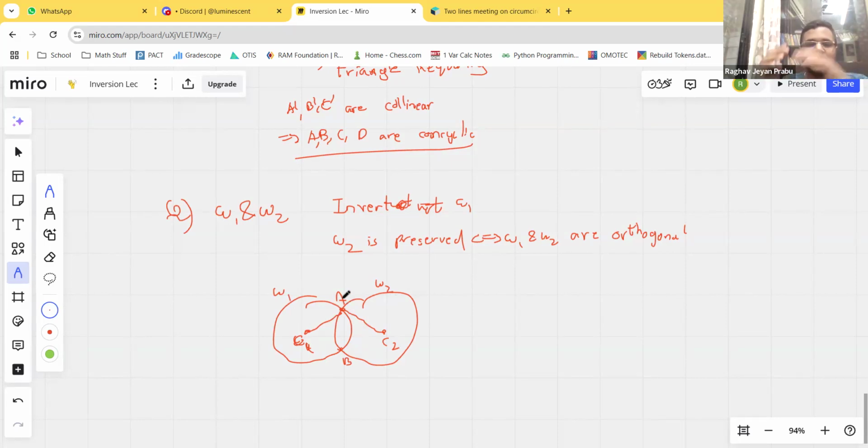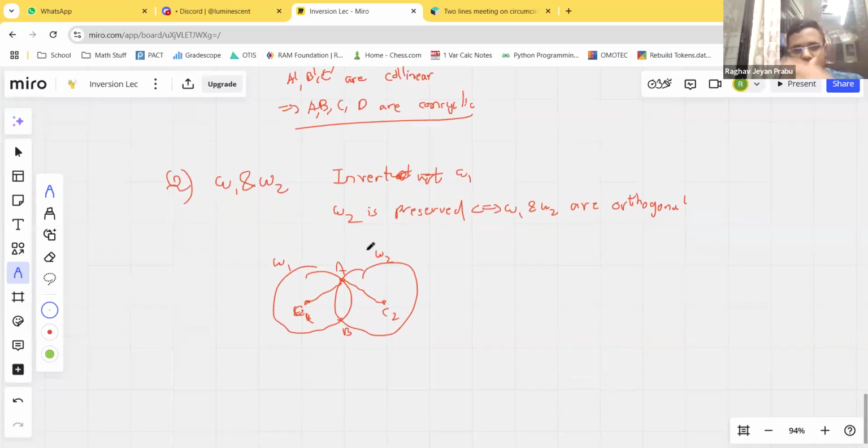Or you could think of it as the angle between the circles being 90 degrees. It's not a really precise definition, but the angle between curves is defined using the tangents. So you can think of it as the angle between the tangents being 90 degrees. Has everybody understood what orthogonal circles means?